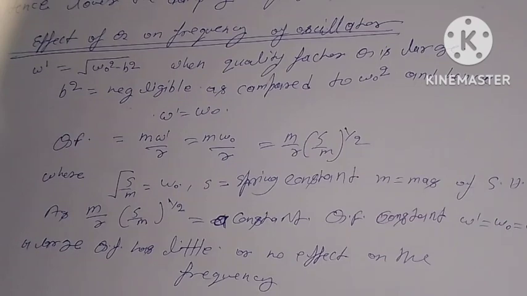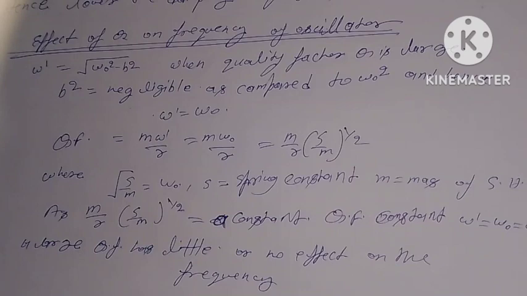The value of omega naught equal to (s by m) whole to the power 1 by 2, where under root s by m equal to omega naught, s being the spring constant, m the mass of the simple harmonic oscillator. That is m by r (s by m) whole to the power 1 by 2 equal to a constant. The quality factor is constant as omega dash equal to omega naught.